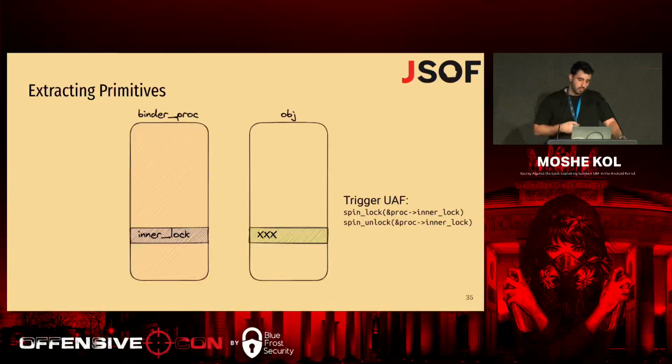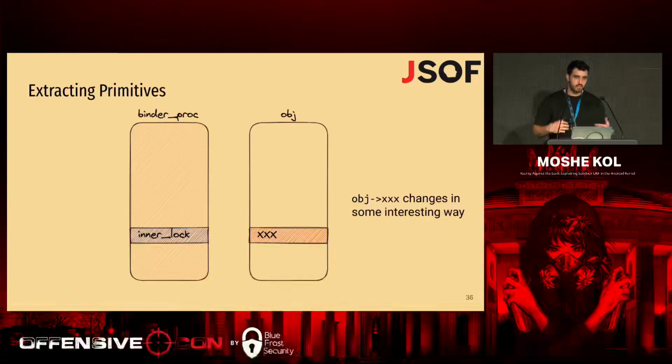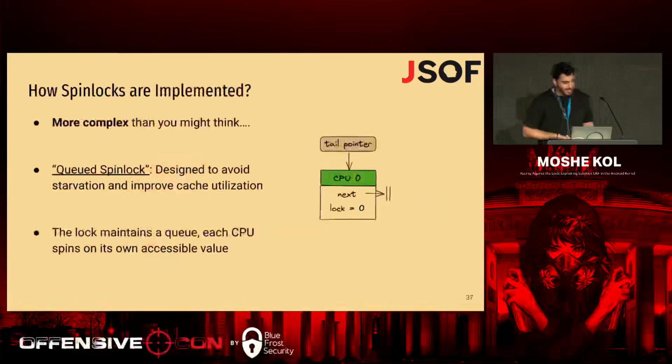And then we want to trigger the use-after-free and have this field change in some interesting way that will benefit us to get a stronger primitive that we can better work with. And ideally, we want this change to be persistent or long-lasting, so we don't want to exploit another race condition. So to do this, we need to understand better how spinlocks are implemented in the kernel.